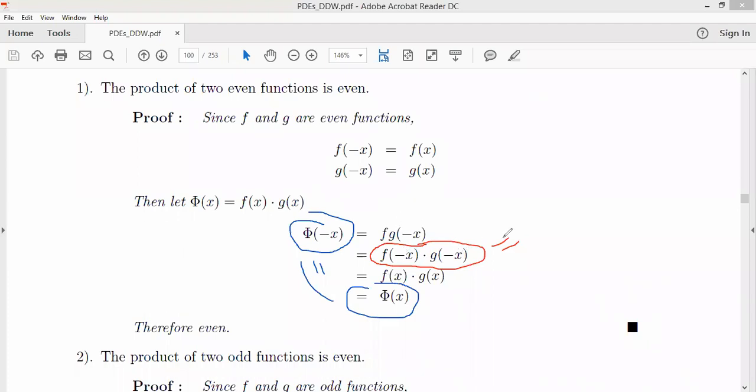So if it was odd and odd, this will give you minus f(x), and then you do have minus g(x), but you know minus minus is positive. That is, the product of two odd functions gives you an even function. Right. So from that we can proceed.